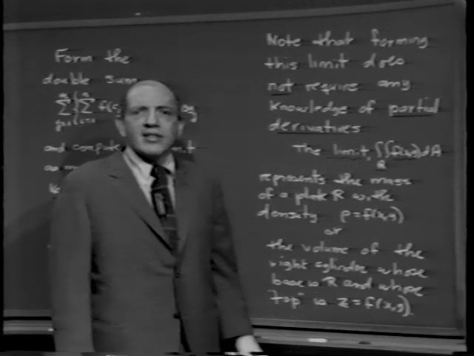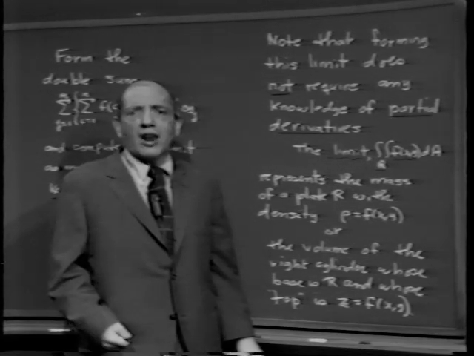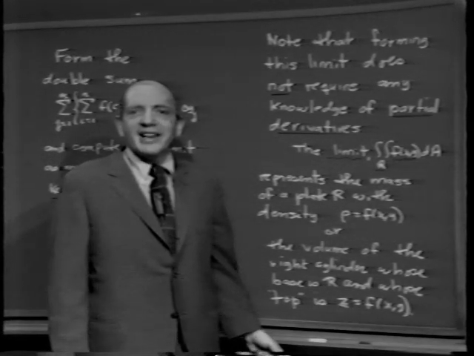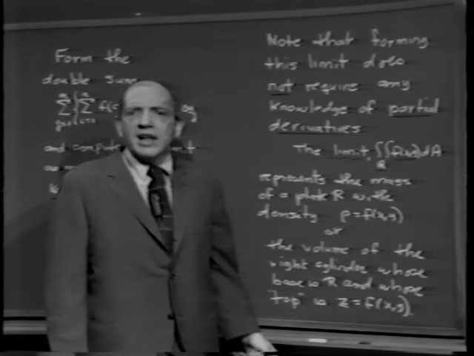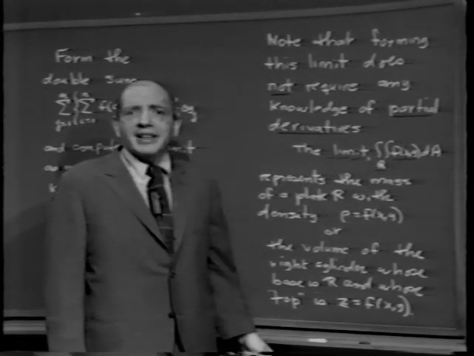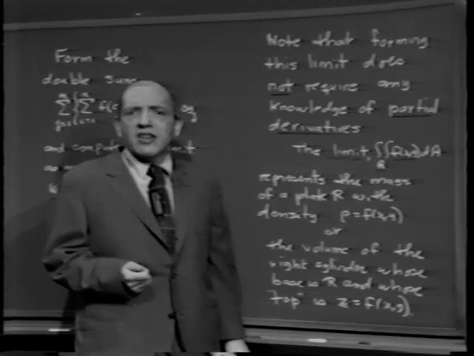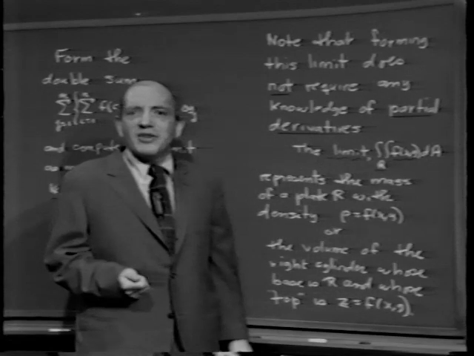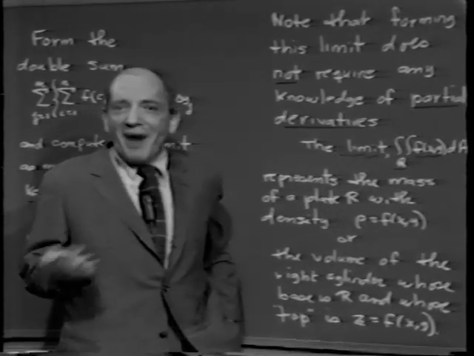The key point is that to evaluate these double sums, these limits of double sums, or if you want to call them infinite double sums, there is no necessity for knowing partial derivatives. However, one might expect that in the same way that there was a connection between single infinite sums and ordinary antiderivatives, there should be a connection between double or multiple sums and antiderivatives involving partial derivatives.